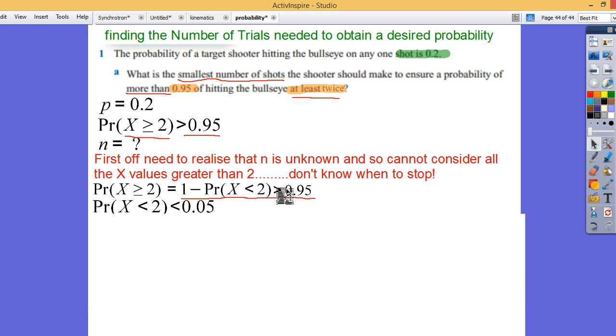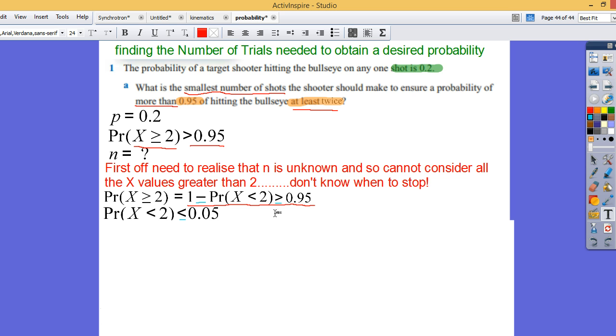See how my inequality signs are swapped around? That's from dividing by the negative. When I divide by -1, my inequalities swap around. So that's important to remember.